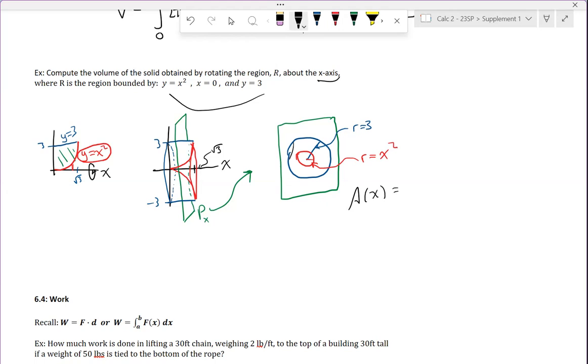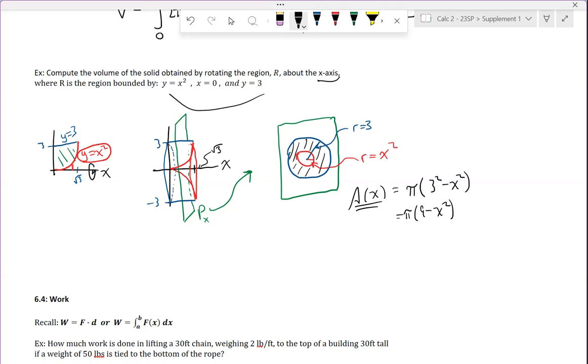The cross-sectional area is going to be the area of this annulus, this donut here, which is the area inside the outer circle, subtract the area inside the inner circle, or that's just pi times the difference in the square radii. 3 squared minus x squared, or that's pi times 9 minus x squared.